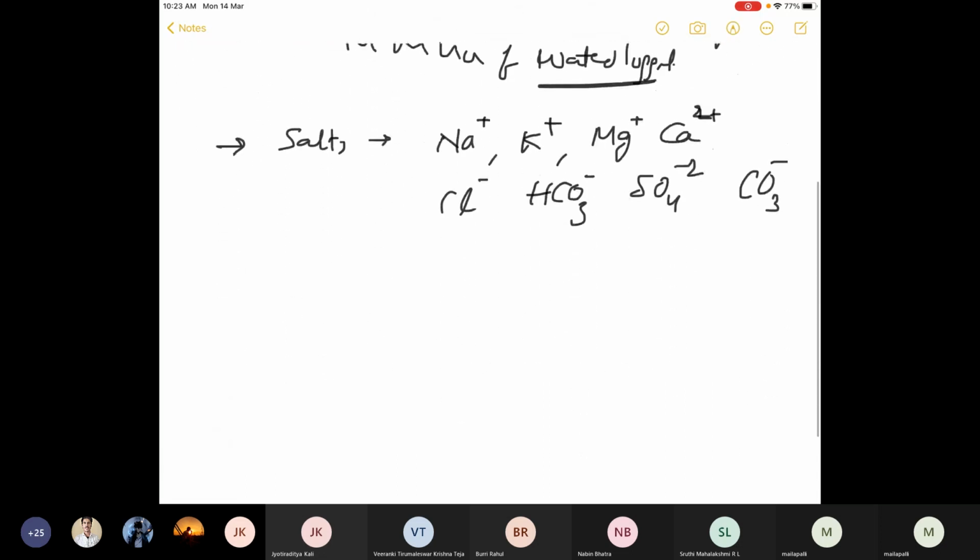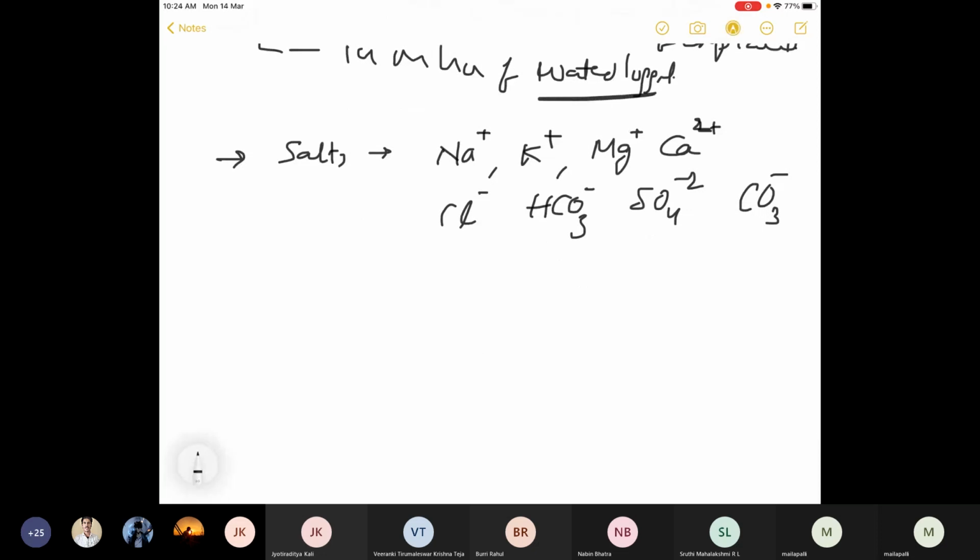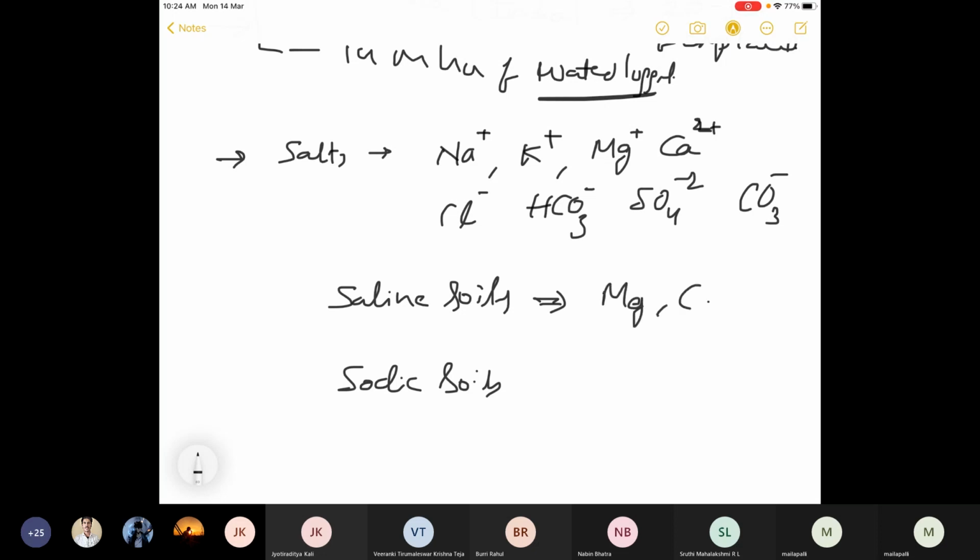Before going to that, I just want to emphasize soil salinity, or what we call saline soils and sodic soils. There are two kinds of soils. In saline soils, the magnesium and calcium salts are predominant.